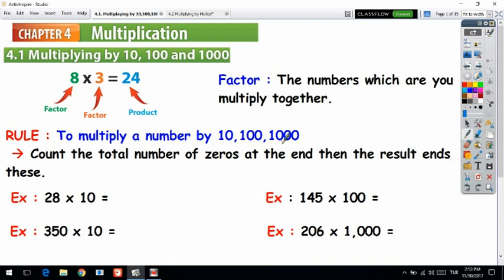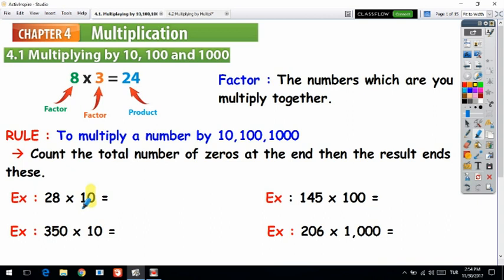Before I explain the rule, I want to show you some examples. 28 times 10. How can we multiply them easily? First of all, how many zeros do you have at the end of the number? 1. So now I close the 1.